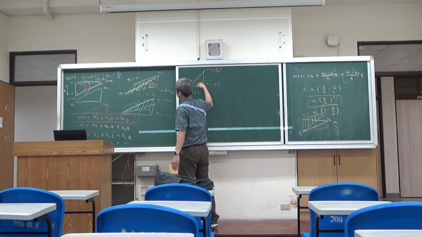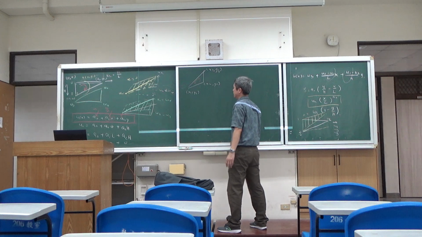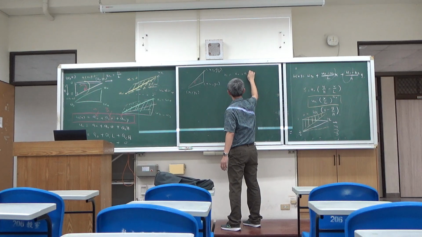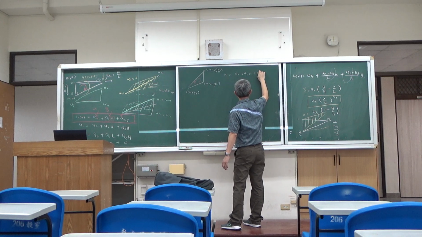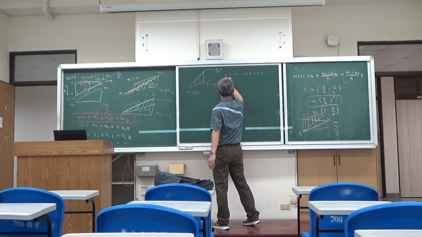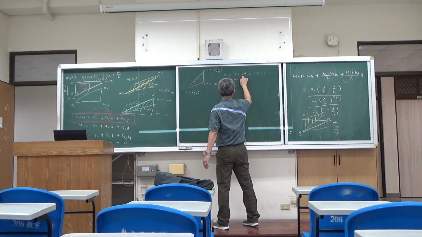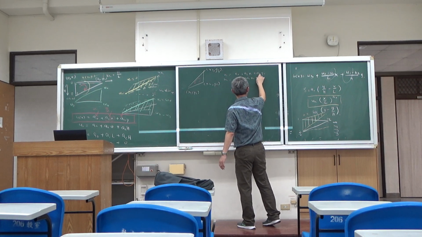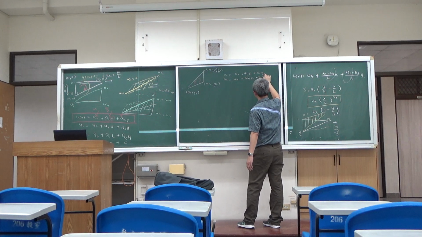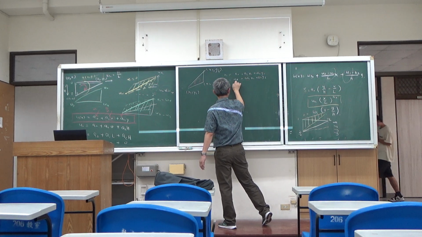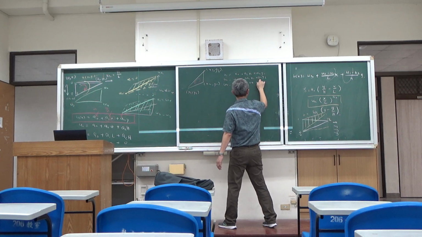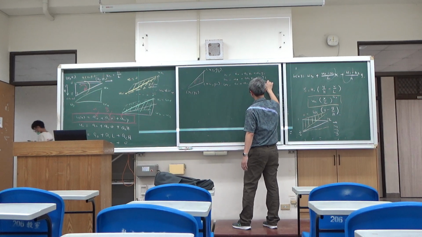when you draw like that, this sequence is counterclockwise. Your U1 is A0 plus A1 x1 plus A2 y1. U2 is A0 plus A1 x2 plus A2 y2. U3 is A0 plus A1 x3 plus A2 y3.